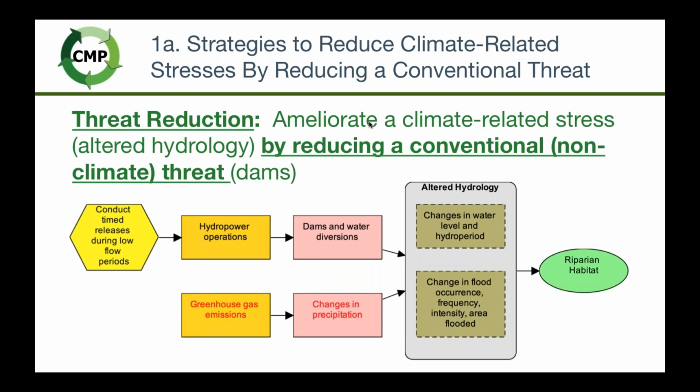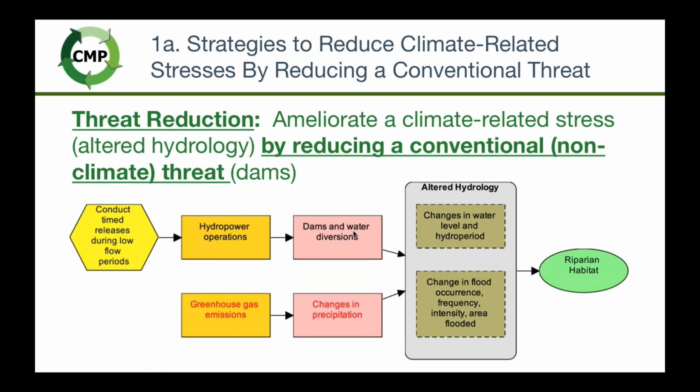So our category 1A, strategies to reduce climate-related stresses by reducing a conventional threat. So here's an example of that. You're trying to conserve riparian habitats, and they're affected by altered hydrology, changes in the water level and hydro period, and changes in the flood occurrence, frequency, intensity, and area flooded. Because you've got dams and water diversions, and you've got hydropower operations.